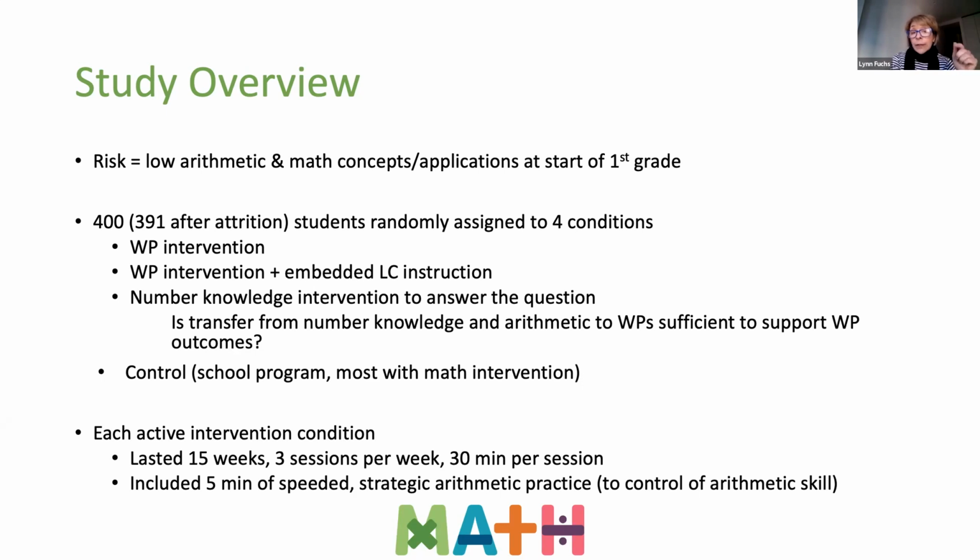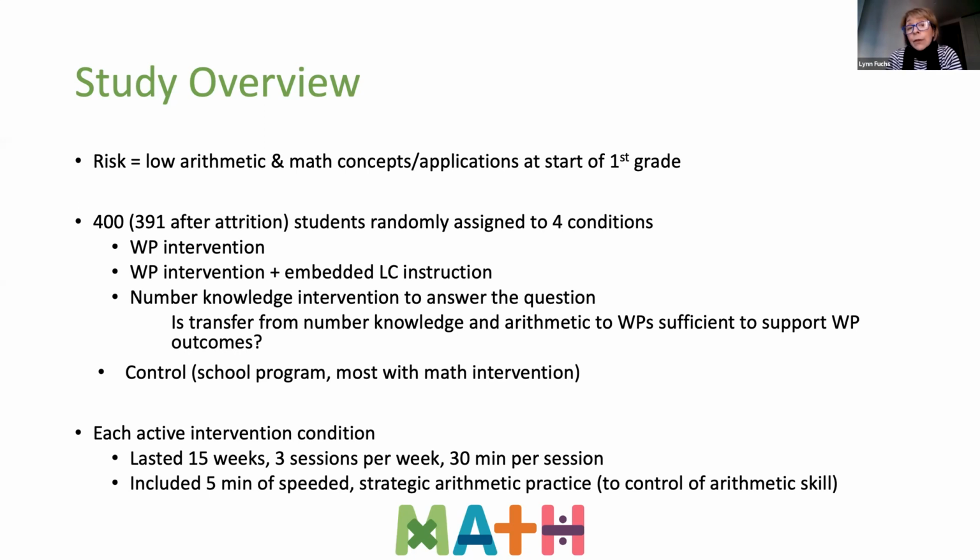Each of the 3 top conditions lasted 15 weeks, 3 sessions per week, 30 minutes per session. So we controlled for time. And importantly, all of those 3 conditions included 5 minutes of speeded strategic arithmetic practice, because we wanted to test not whether kids could solve problems because they knew or didn't know arithmetic.